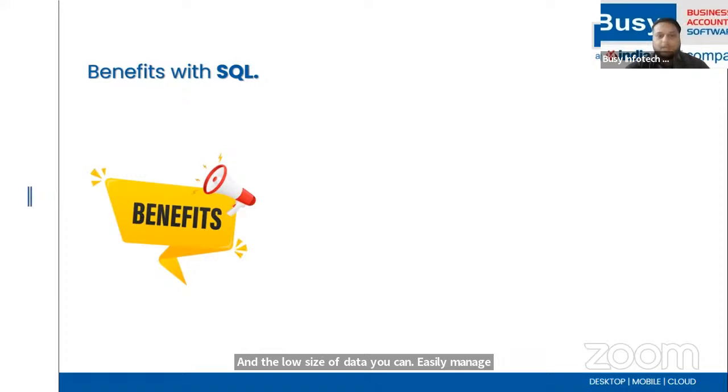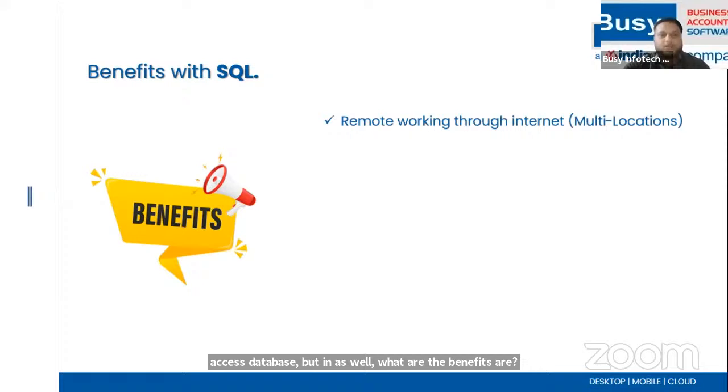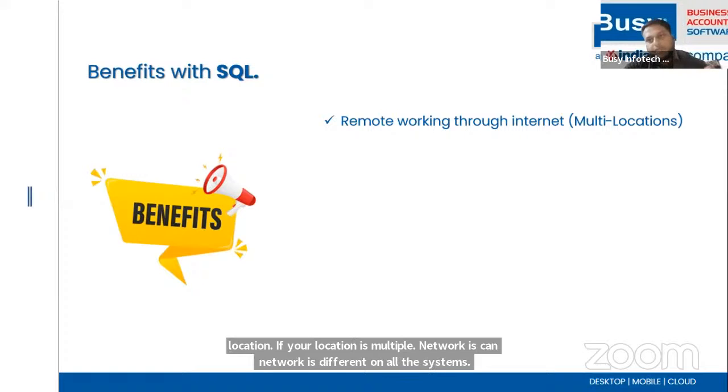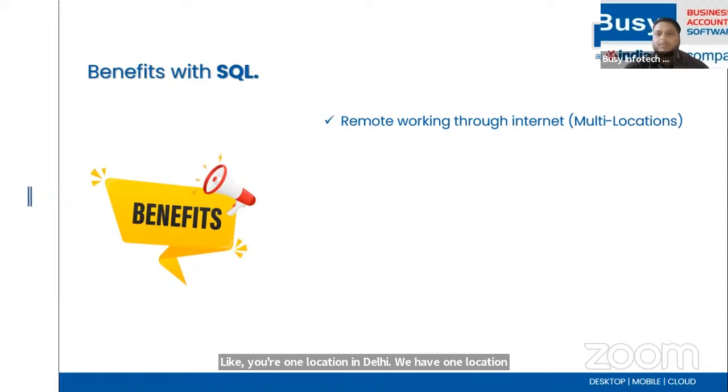But in SQL, what are the benefits? First is remote working through internet, multi-location. If your locations are multiple and the network is different on all the systems, like one location in Delhi, one location in Mumbai, you have two systems, one system in Delhi, one system in Mumbai, and you want to work on the same company from different locations, in this scenario you can implement MS SQL database.